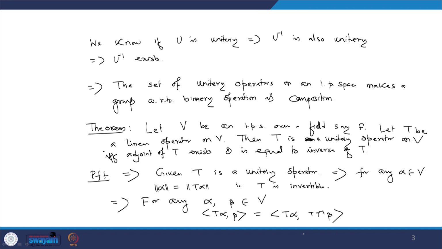So, the inner product of T alpha and beta equals the inner product of T alpha and T T inverse beta, which equals the inner product of alpha and T inverse beta, since T is unitary.